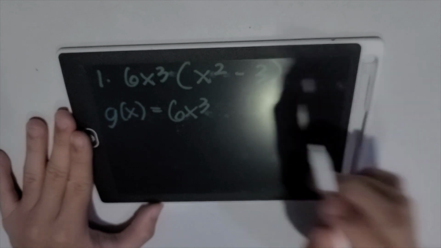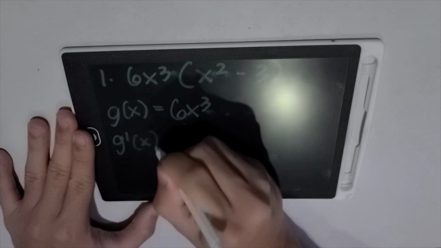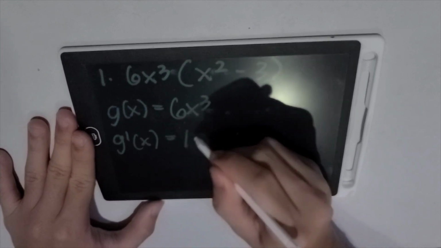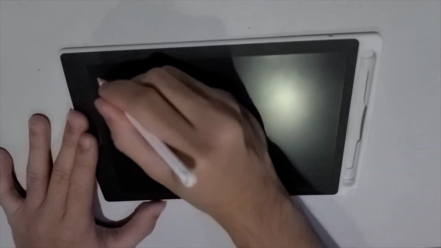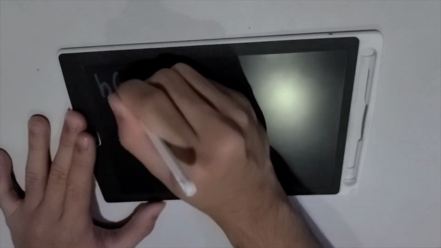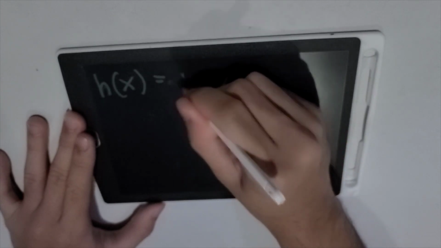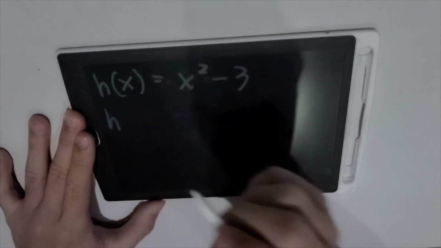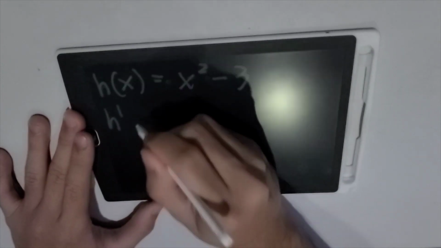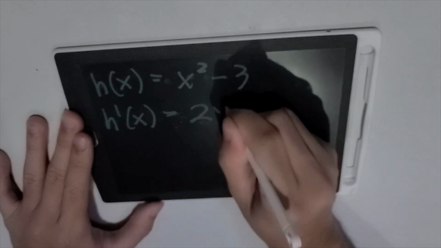The derivative of 6x cubed is g prime of x is equal to 18x squared. Our h of x is x squared minus 3. The derivative of x squared minus 3 is h prime of x is equal to 2x.